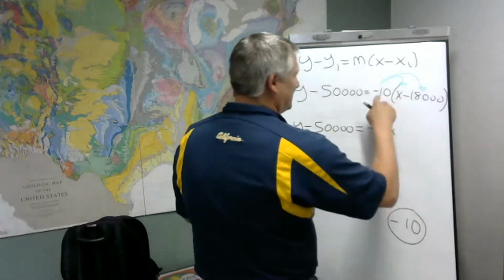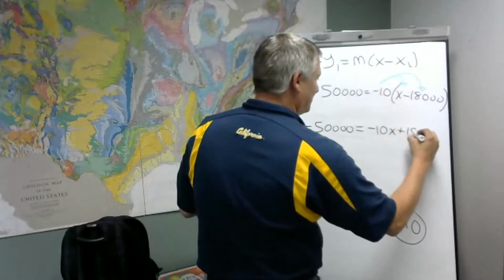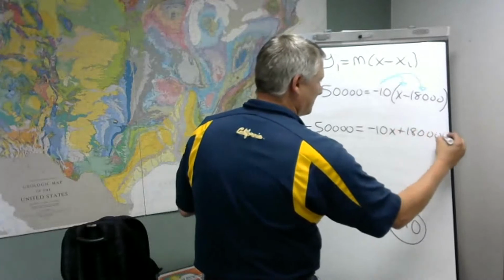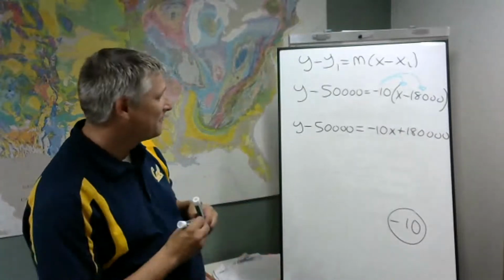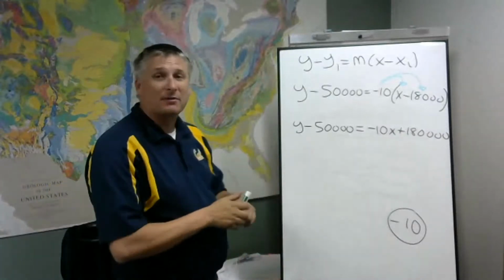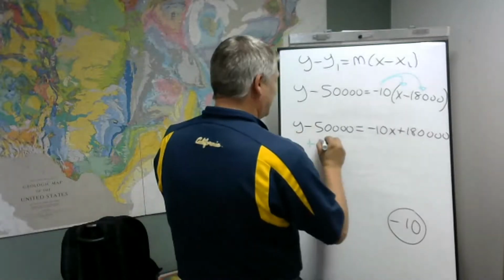Negative times negative is positive, plus 180,000. 18,000 times 10 is 180,000. And then we can add 50,000 to both sides.